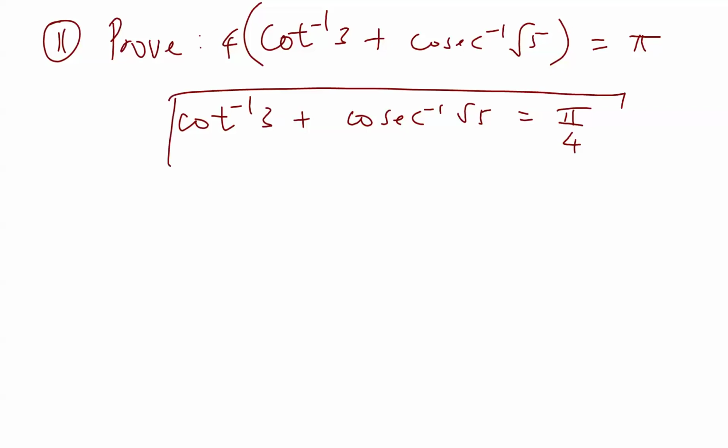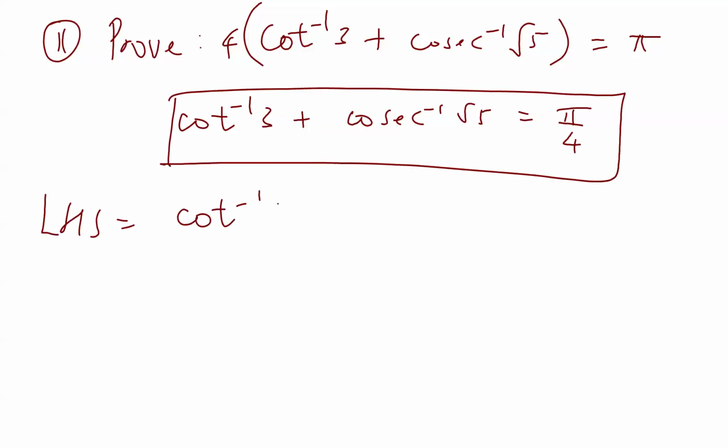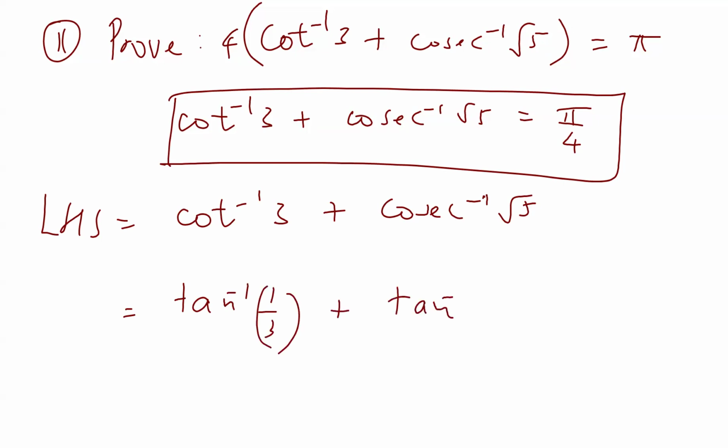So we'll prove this. LHS: cot inverse of 3 plus cosec inverse of root 5. So cot inverse of 3 is tan inverse of 1 by 3, plus I'll convert this cosec inverse to tan inverse.